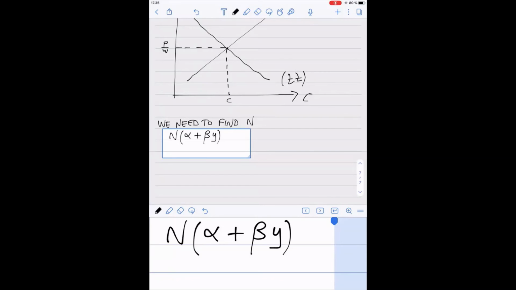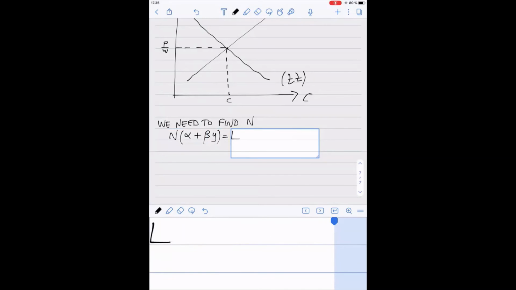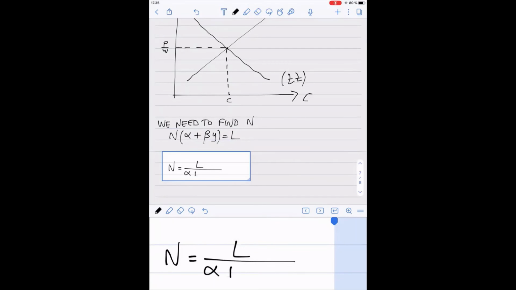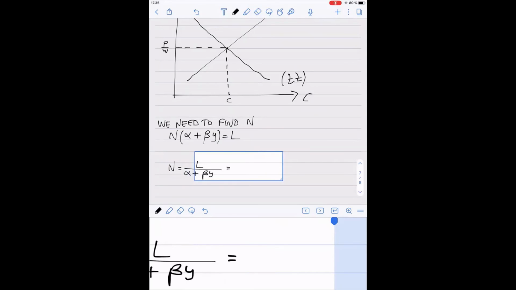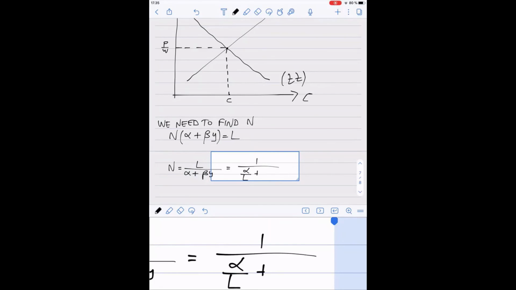There are n firms, so this is the total labor requirement. Well, this must be equal to the total supply of labor L. So if we rearrange this, we get n equals L over alpha plus beta Y, which, if we substitute LC for Y and factor out the L, gives n equals 1 over alpha over L plus beta C.